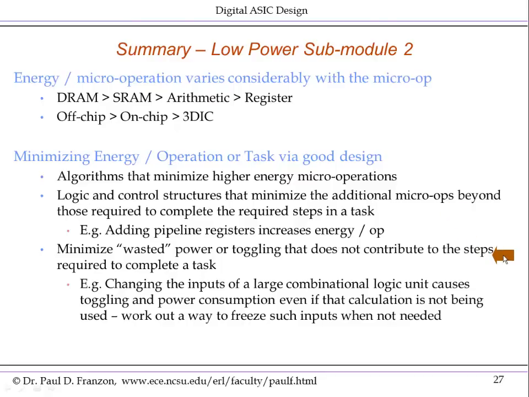And of course, very importantly, remove wasted power. There are very specific examples of complex combinational units that consume a lot of energy when the inputs change. You want to make sure they're only computing values you're actually interested in. If you're not interested in those values, then somehow freeze the input to that high activity unit in order to prevent wasted power.